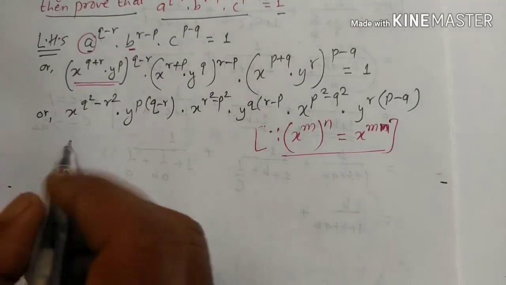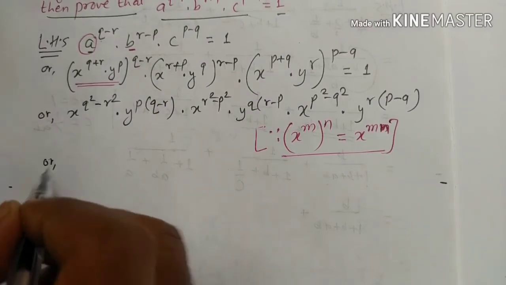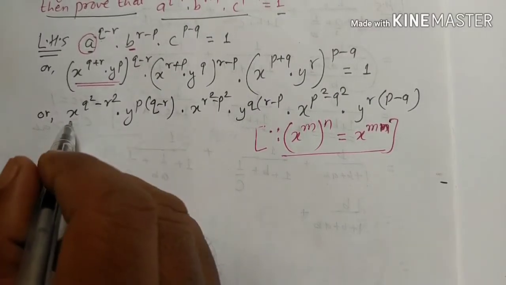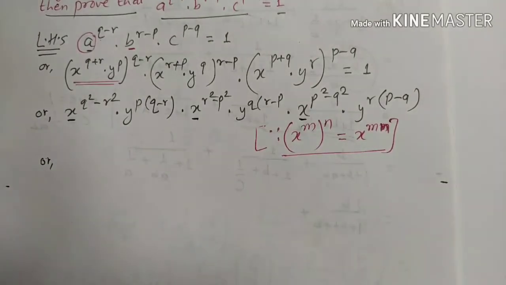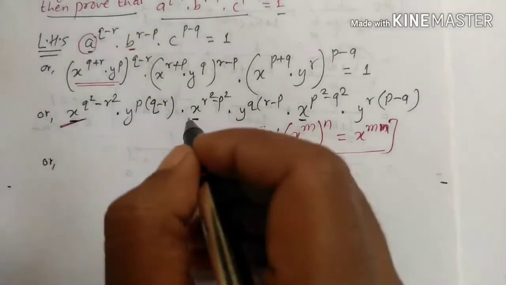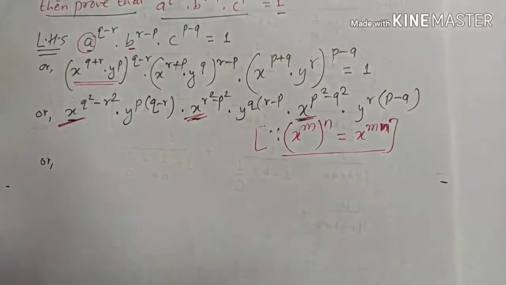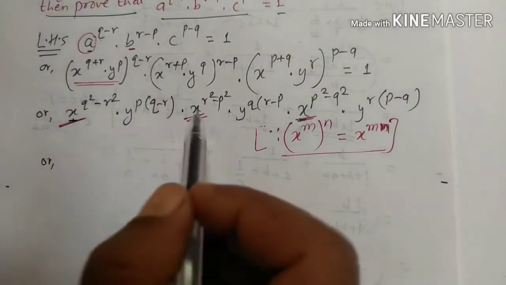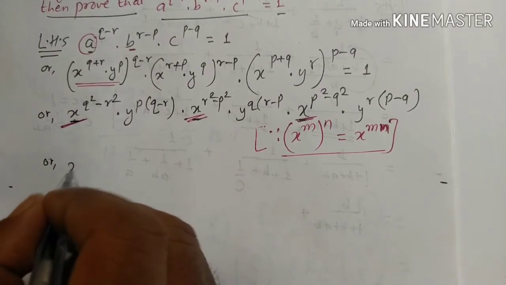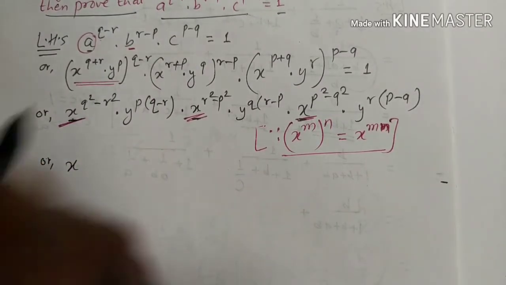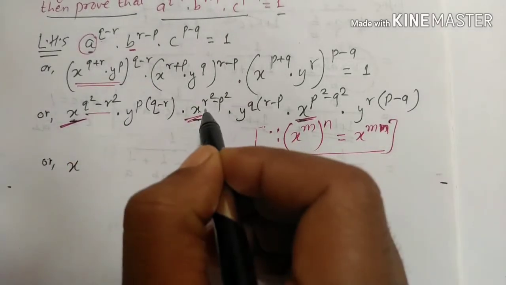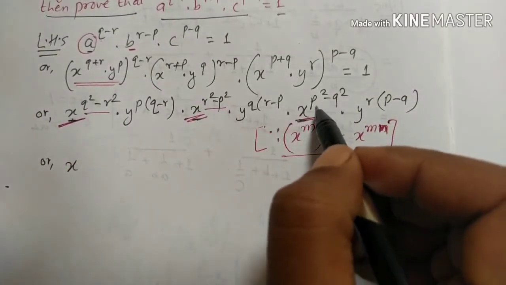And now you can see that this is x, and this also x, and here also x. These terms are similar. So x will be common, and their powers can be added. In the power you can see here q square minus r square, r square minus p square, and p square minus q square.